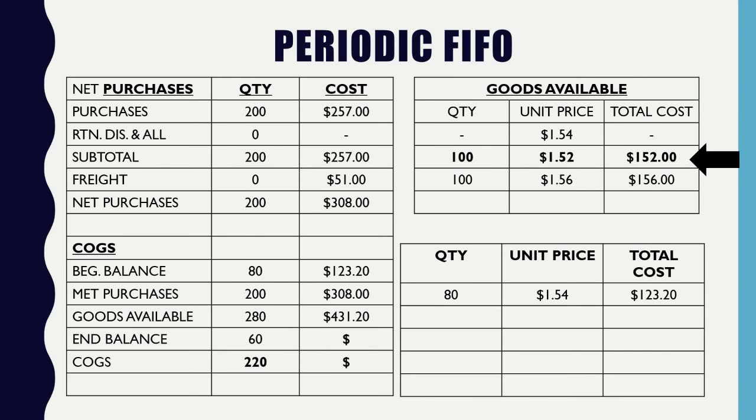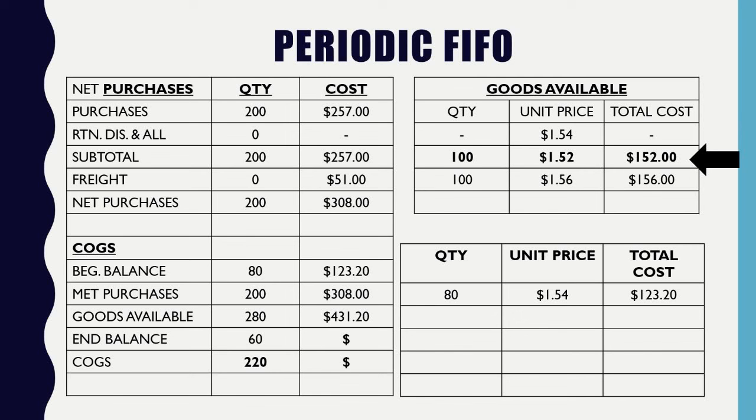I already know I don't need to calculate this because I'm going to take all 80 units, and that's how many items I sold. So now I still have 200 units left available to sell. And I need to sell 140 units, because my total I need to sell is 220. So I need to sell 140 more.